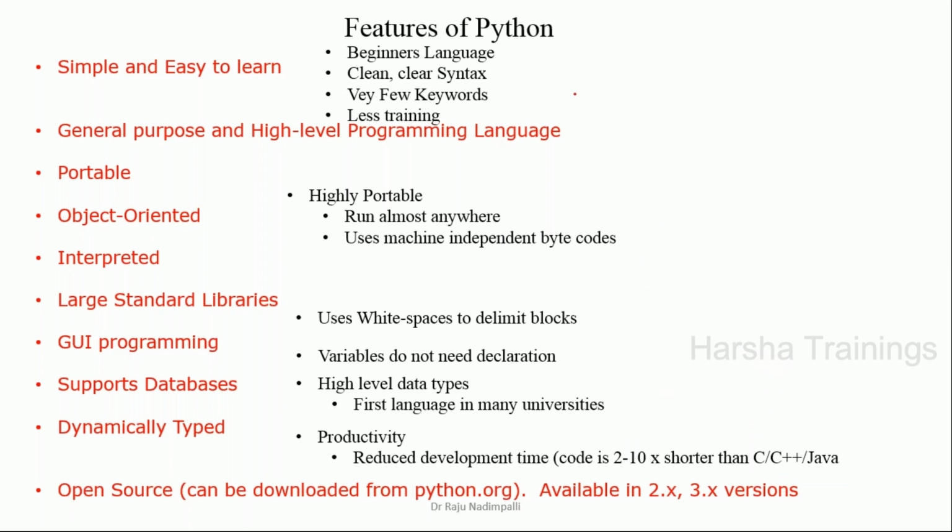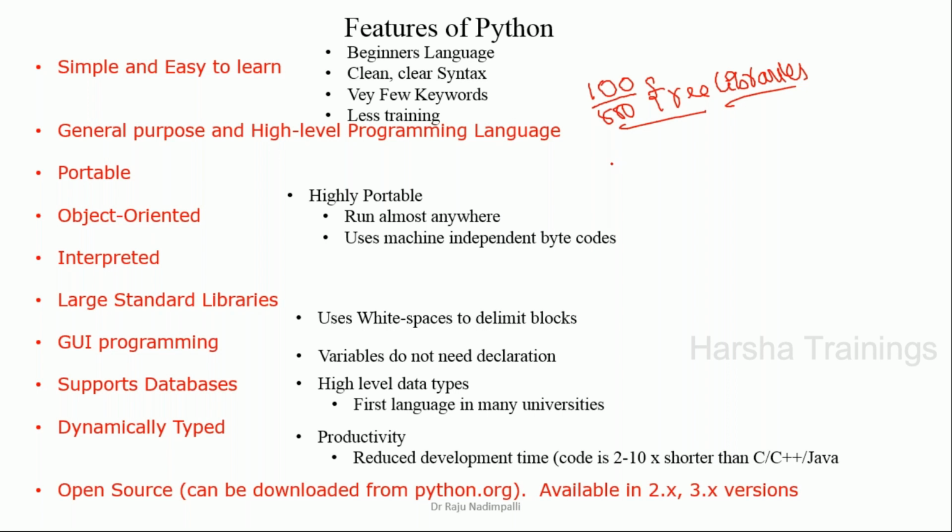Now, Python supports so many libraries. Hundreds of libraries are available, from 100 to 5,000 free libraries. Using these libraries, I can perform any of my jobs very easily. How it will be very easy, I will discuss in a few minutes.